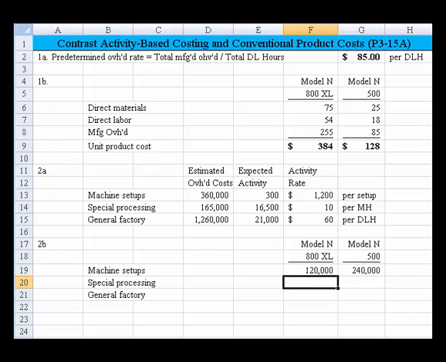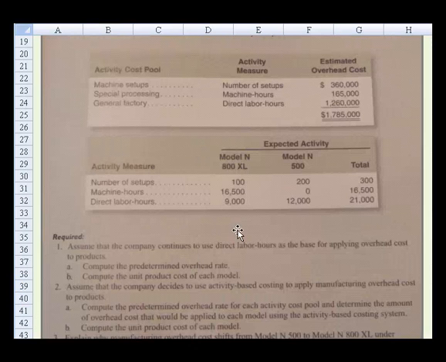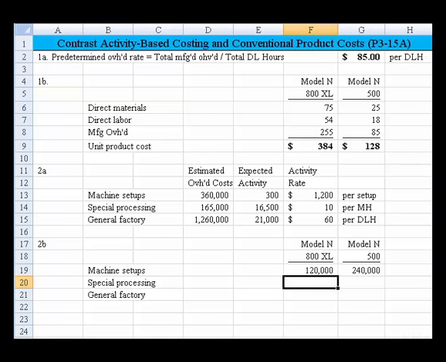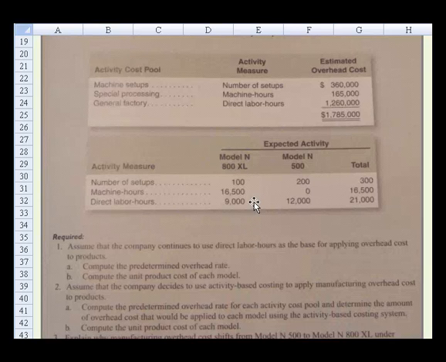Okay? For specialty processing, we've got 16.5 and 0. So let's take the $10 first. So equal the $10 per machine hour times 16,500 machine hours. This one used nothing. We don't have any item to put in there. Then general factory, it was 9,000 and 12,000.